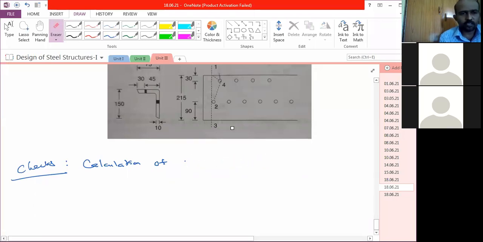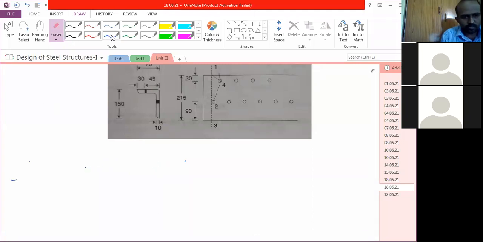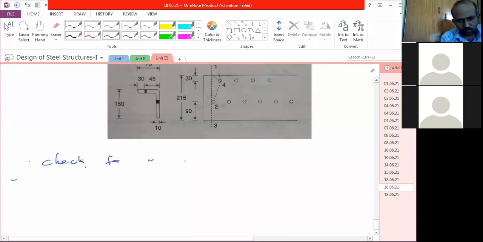Yielding capacity, rupture capacity. Better wording is check for rupture capacity. First of all, shall we calculate the yielding capacity as the usual normal procedure? Check for yielding capacity.